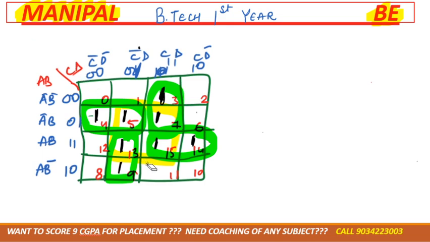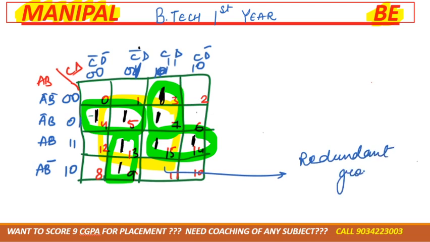Now suppose I remove this. Now tell me, is there any one left alone? Is there any one left alone? No, no. So technically this pair and that group are redundant. That group is known as a redundant group.